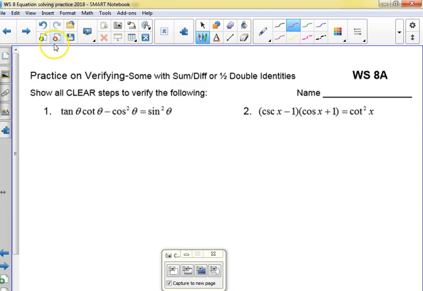What's 8? Oh, okay. This is 8A. This one would make a good quiz question, I think. Any ideas here?